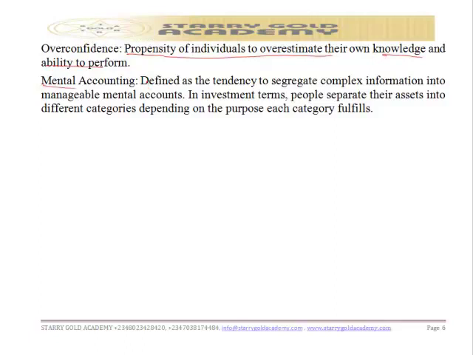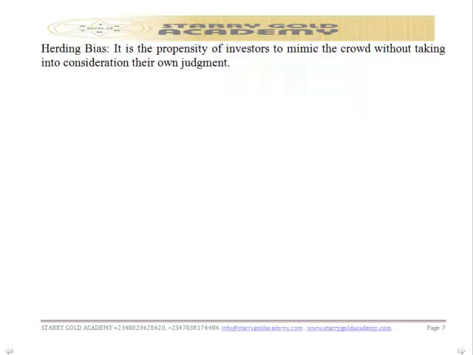We have mental accounting, which defines the tendency to segregate complex information into manageable mental accounts. So in investment, people separate their assets into different categories depending on the purpose each category fulfills. Other types: we have herding bias.